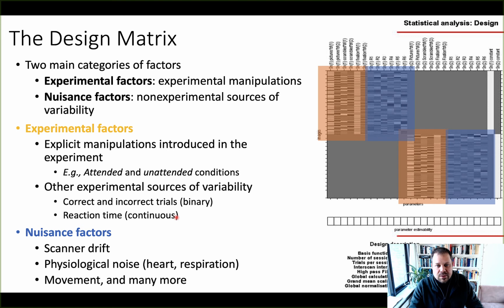We also have a set of nuisance factors, which are shown in blue here. And those include the scanner drift. If you recorded or estimated it, you can also add physiological noise. But you can also add motion parameters that were estimated during the pre-processing step, especially the step that performed motion correction.